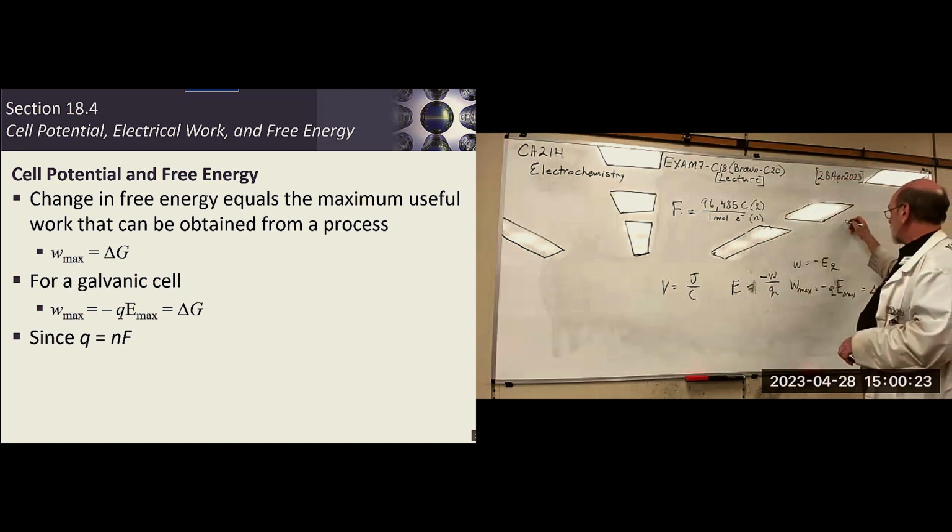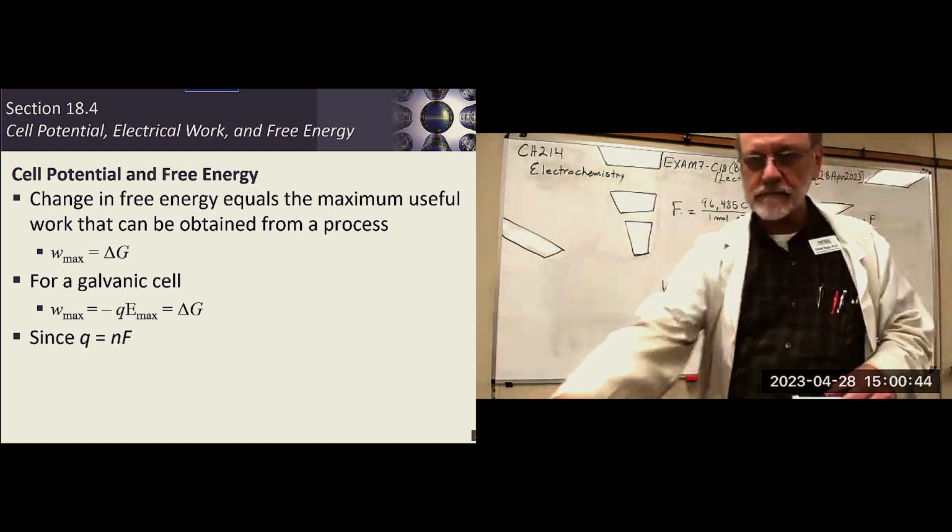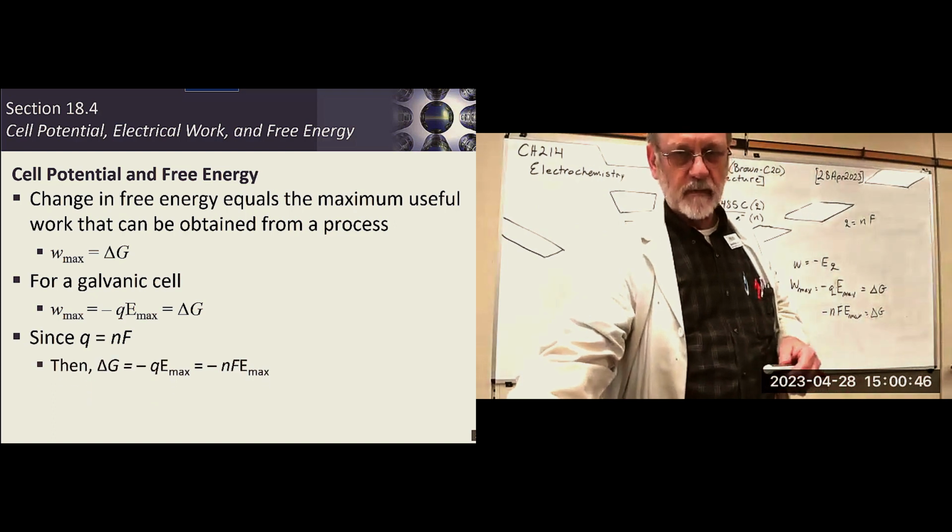If we say Q equals the number of moles times the Faraday, then we can substitute this into here. So this is negative NF E max equals the change in free energy.